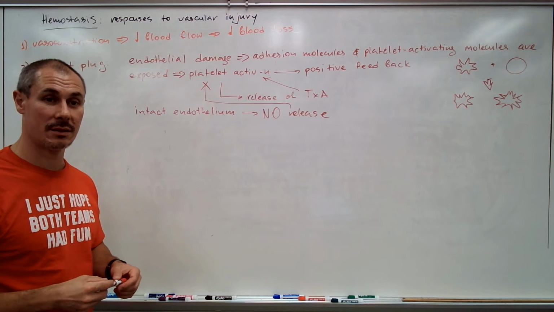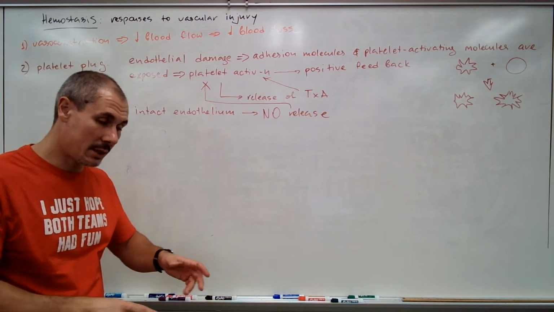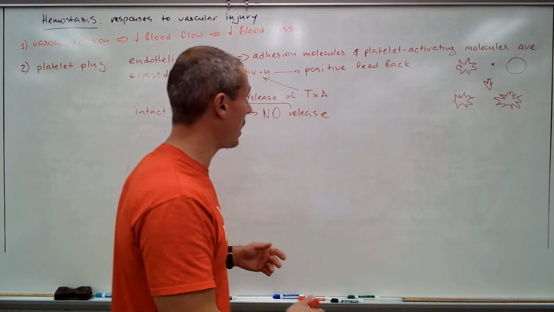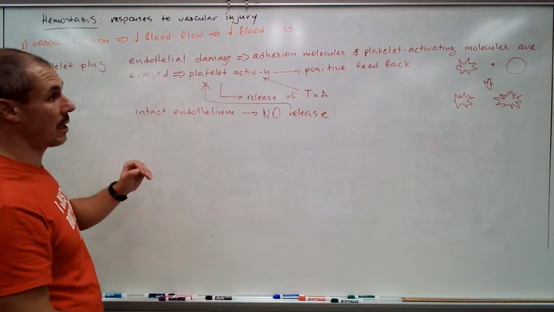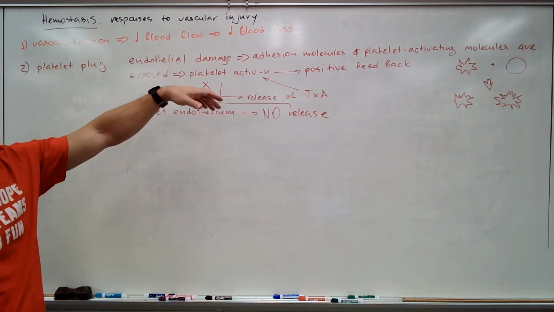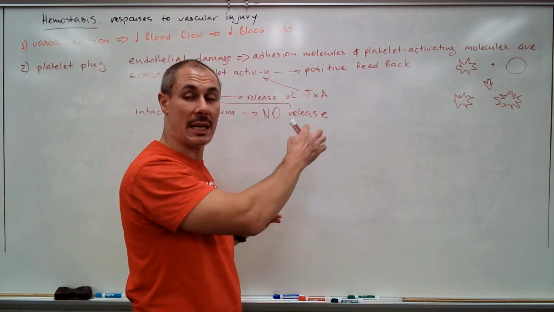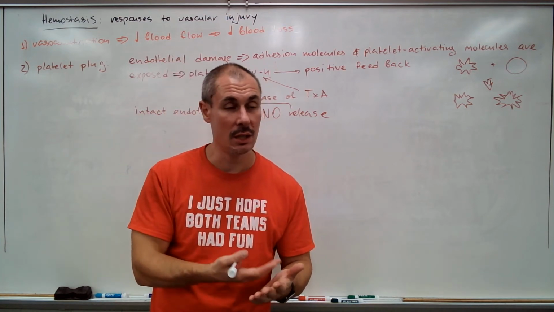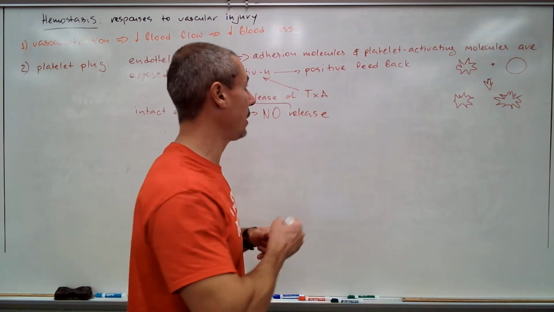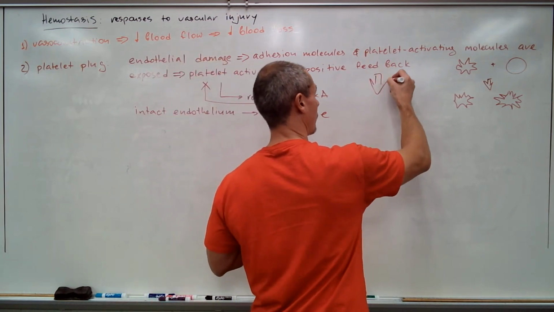Does it make sense? So basically, if you have a damaged endothelium, around that area, oh yeah, you're going to have all of it. You're going to have exposure of platelet activating molecules. You're going to have the release of thromboxane A. You're going to have platelet activation. They're going to be sticking to the walls of the cell. They're going to be sticking to each other. So you're going to get platelet plug. Okay?